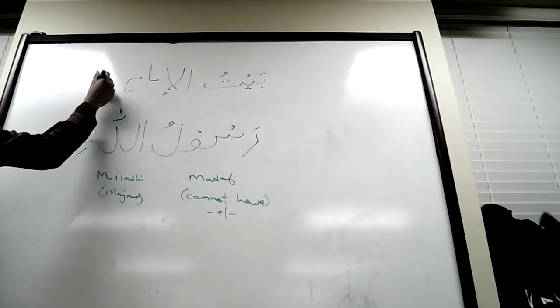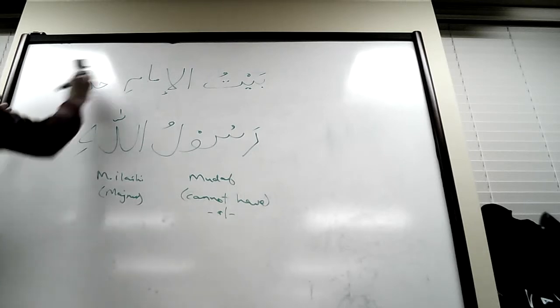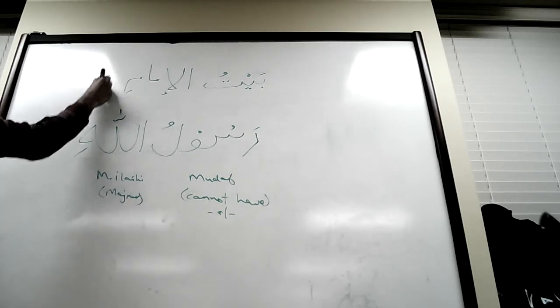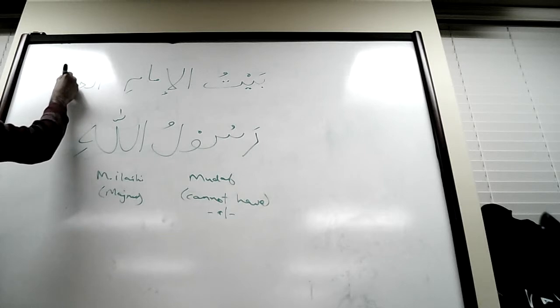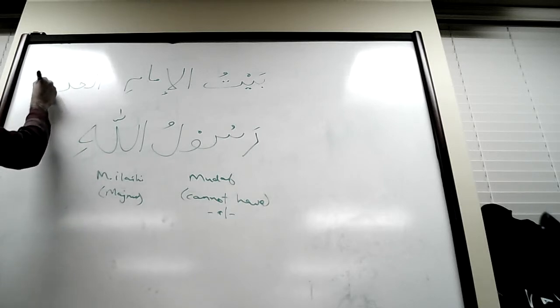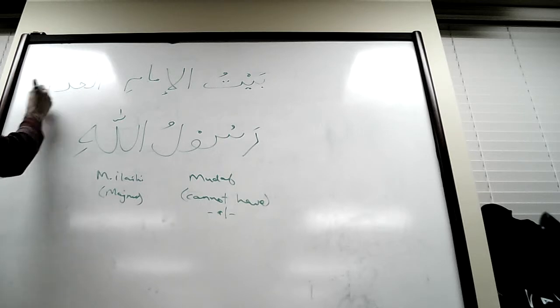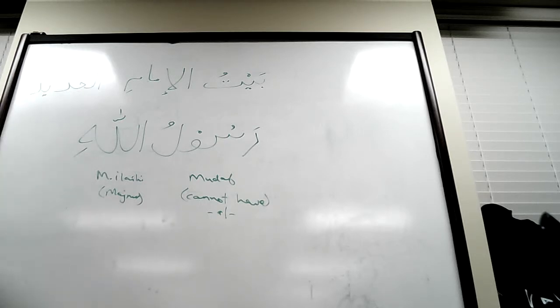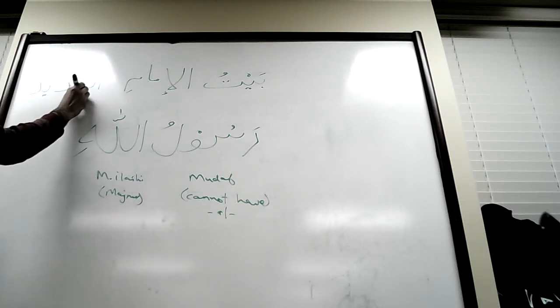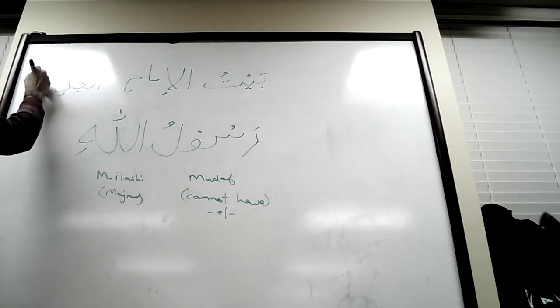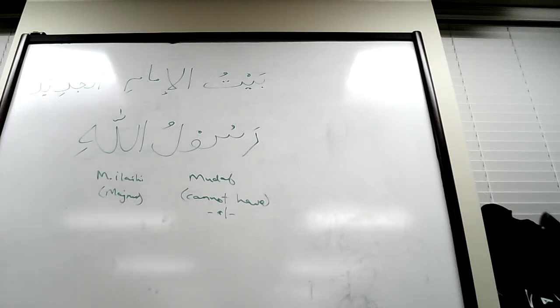And I'm going to say Al Jadid. Why am I going to say Al Jadid? Because it's definite by position. Okay, actually, let's answer that after we answer the other question. It has to match definiteness.